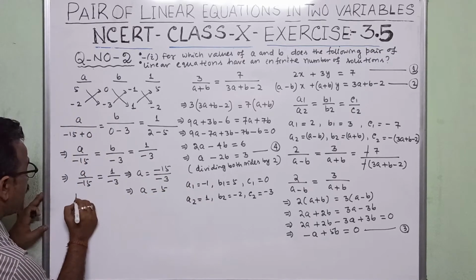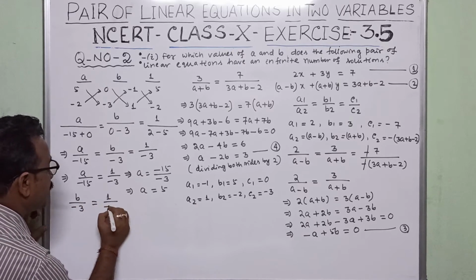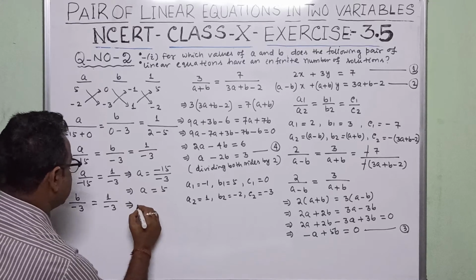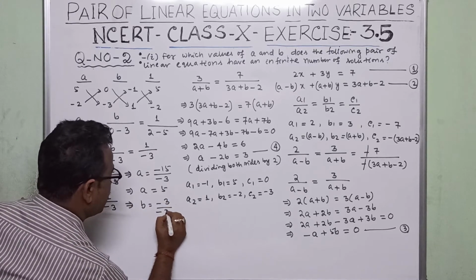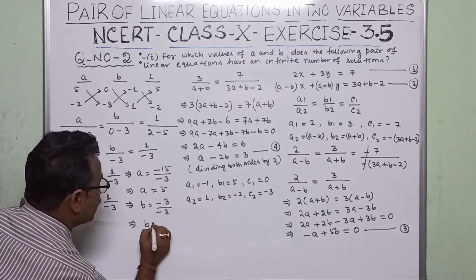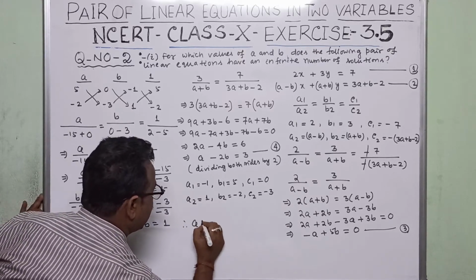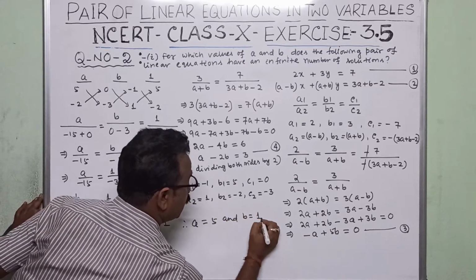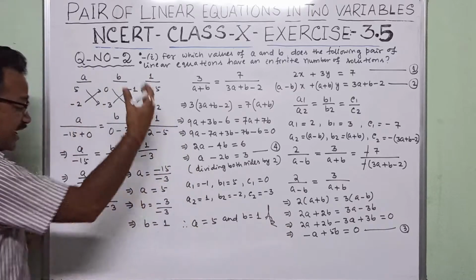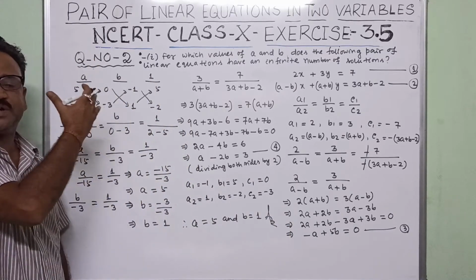Again, B by minus 3 is equal to 1 by minus 3. That implies B is equal to 1. Therefore, A is equal to 5 and B is equal to 1 is the required solution of the given pair.